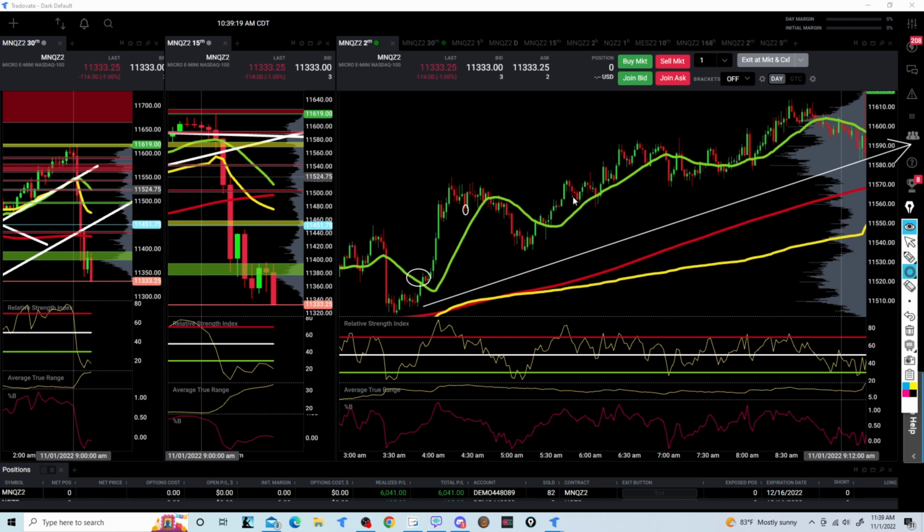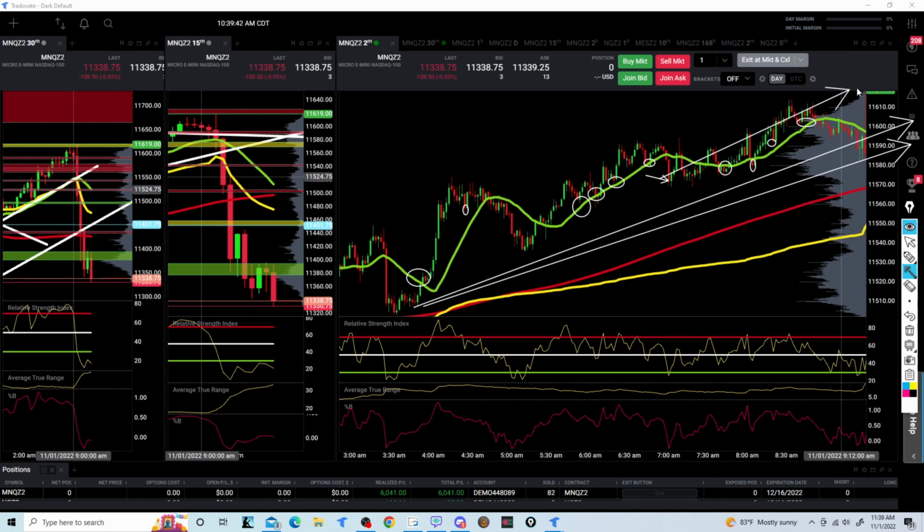You can buy at or near the 20. Even if you mess up, and bought here for some reason, the direction will carry you to profits.